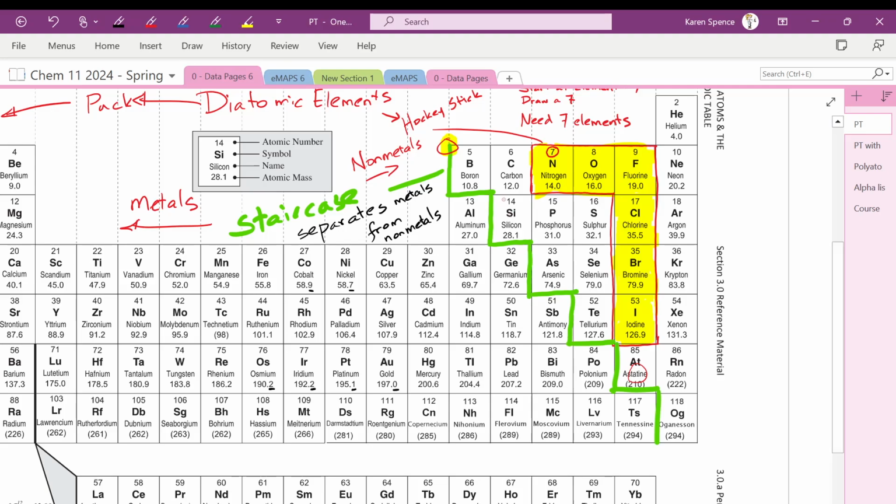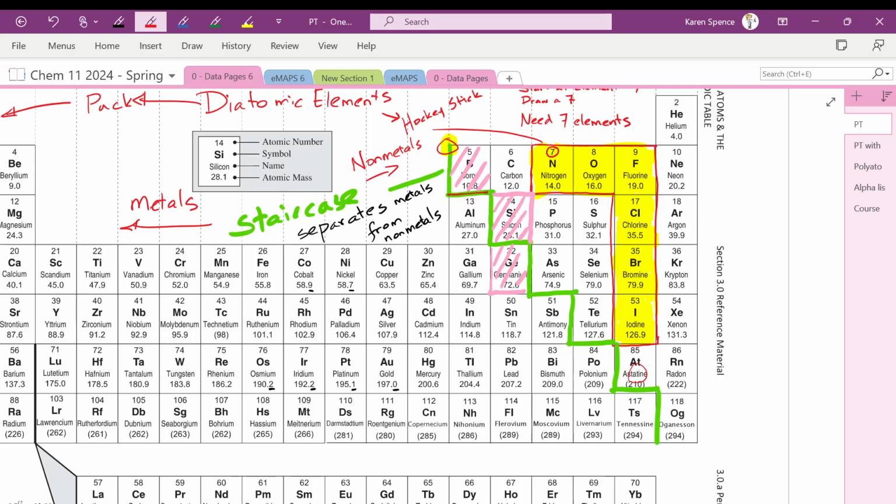So metalloids: silicon and germanium. Boron, not aluminum, strangely. Basically, if you go to one of the across parts of the staircase, you go above and below it, except for not aluminum.